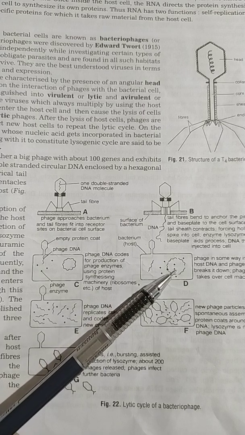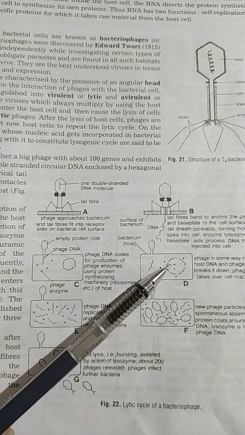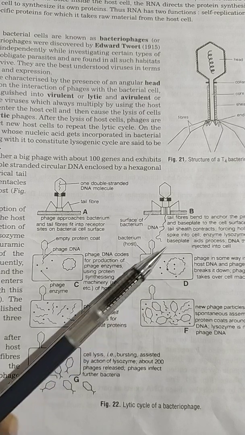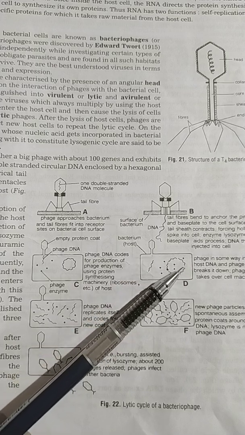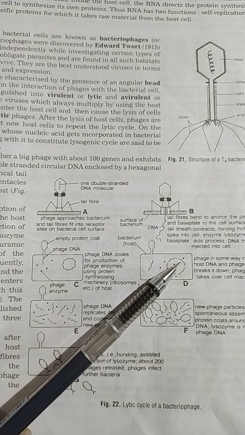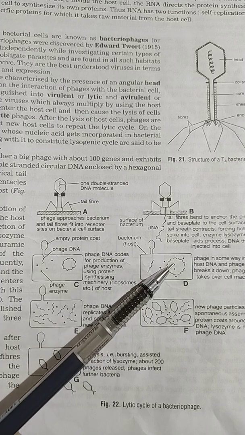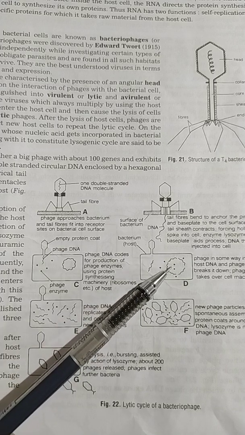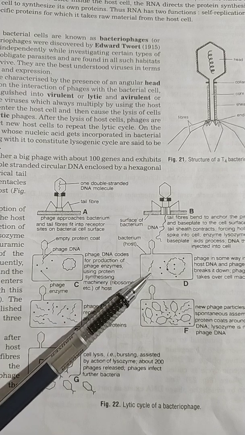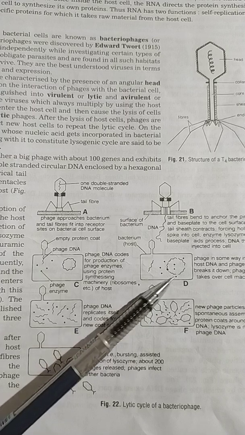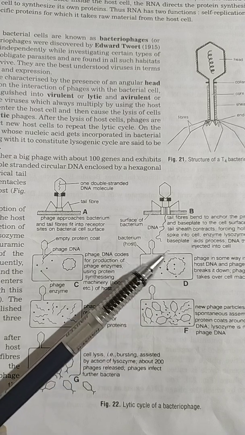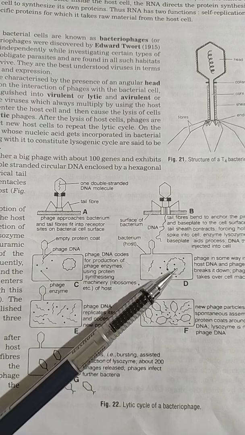The protein synthesis machinery of the bacteria is totally taken over. The control is taken over by the phage DNA, and the bacterial protein formation is suppressed. No more can bacteria make the protein for itself.